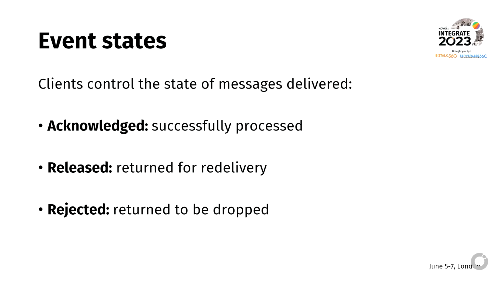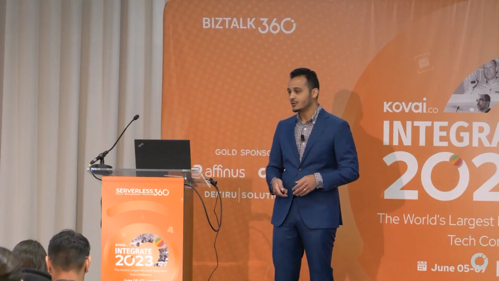Or you can release it to be resent or redelivered later on after a period of time. You're pretty much telling Event Grid, I'm not ready for this message yet, just give me a little bit of time and send it again. Or you could completely reject it. If a message is malformed or just an invalid message and you want to completely drop it, that's when you reject the message.